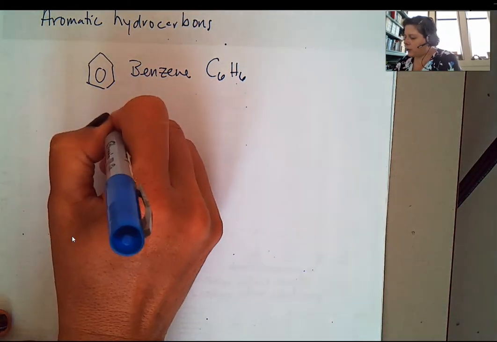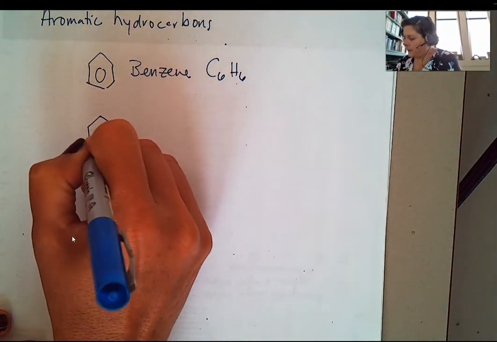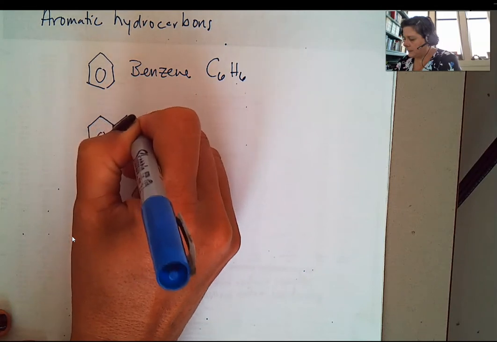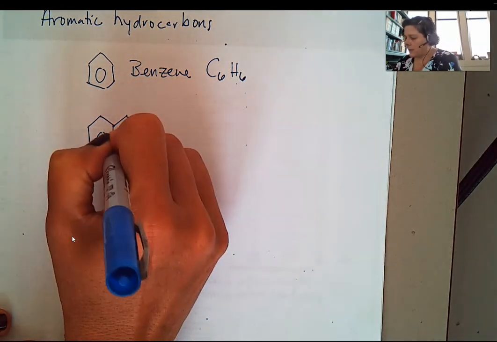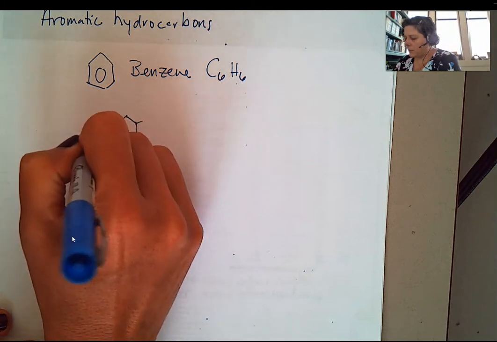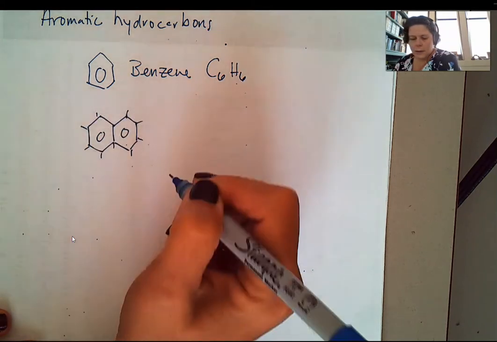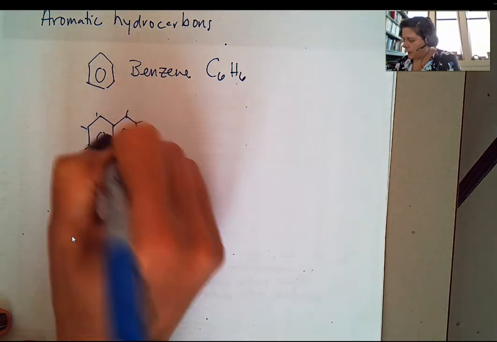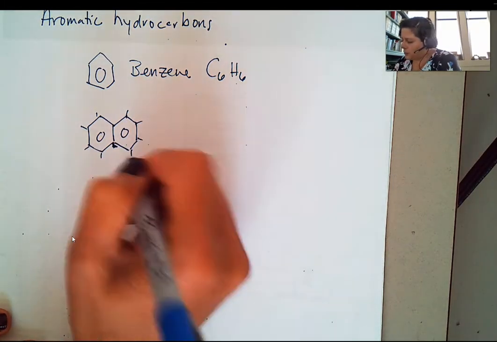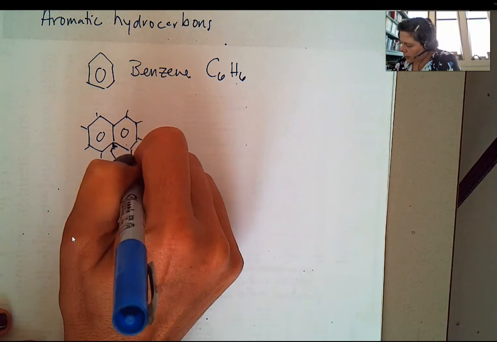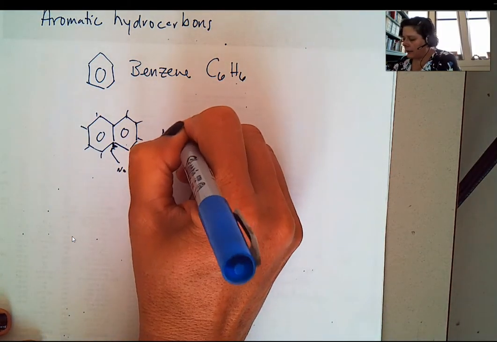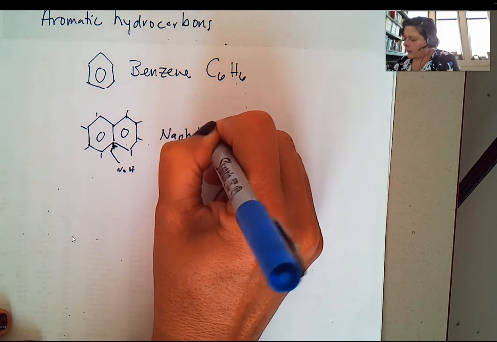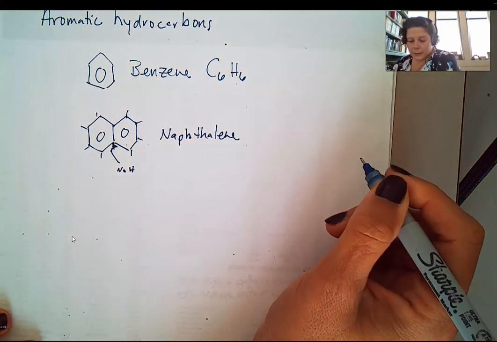If we put two of these rings together, remember there are little hydrogens sticking off all these spots, but there's no hydrogen here, no H here or here. This one is called naphthalene.